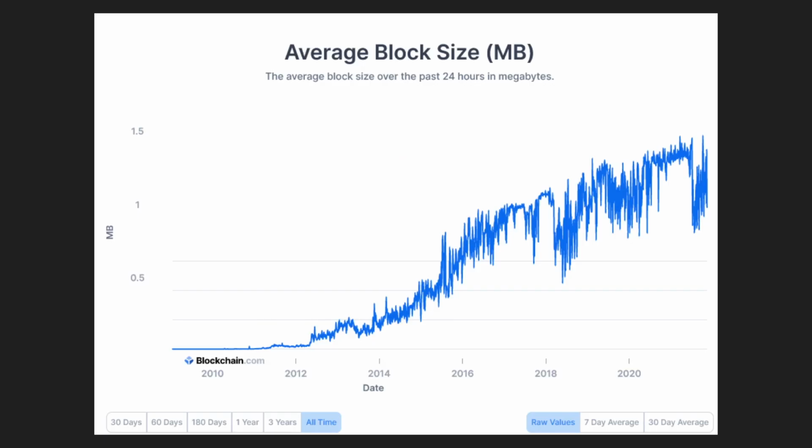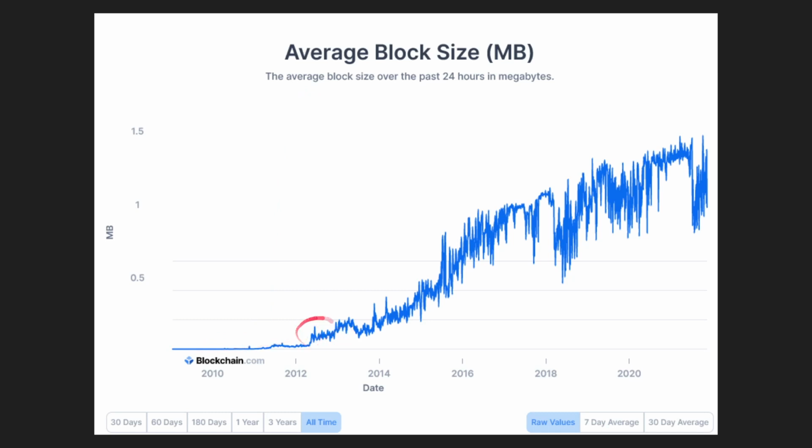Now, the average block size of Bitcoin has not always been 1 megabyte. There have been a lot of changes, and it has been the cause of a lot of controversy and disagreements over the years that Bitcoin has been in existence, particularly with miners. Here we see a chart of the average block size from blockchain.com, going all the way back to 2010.